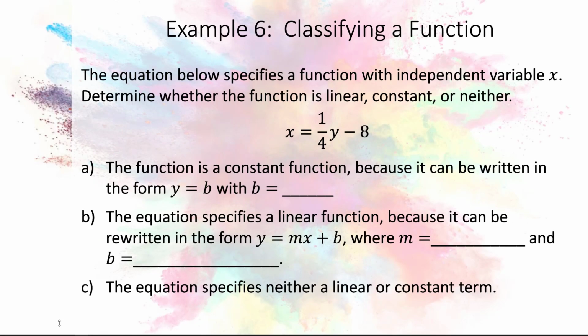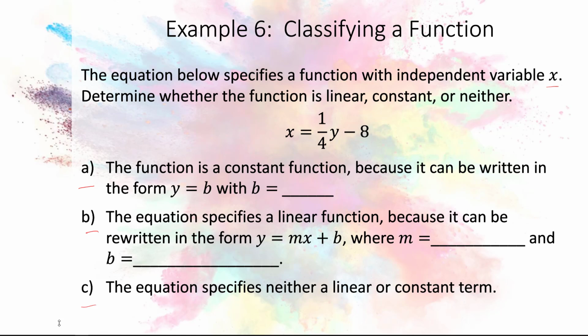One of the collection of homework problems that you're going to find are problems where you actually have to classify a function into these 3 classes. Okay, so here we have an equation that specifies a function, and this is kind of crazy. We have that x is equal to 1/4 y minus 8, where the independent variable is x.